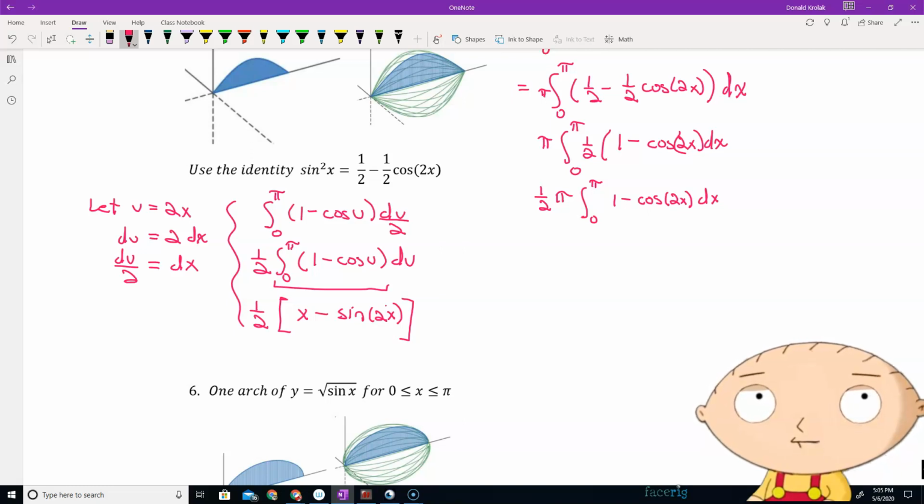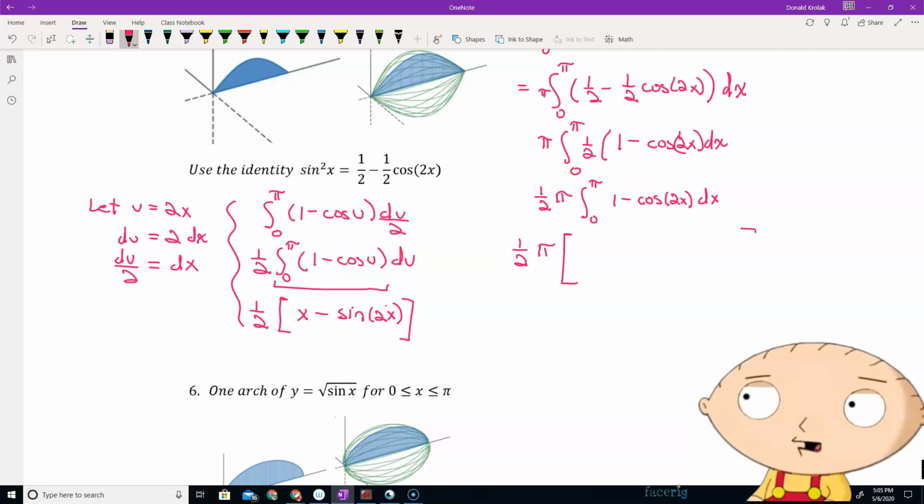So altogether over here, I have 1/2 pi, this would then be 1/2, which I could factor out. So why don't we do that? So I'd have another 1/2 out here, making it a 1/4.